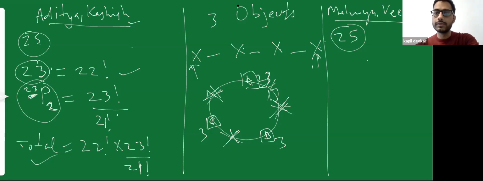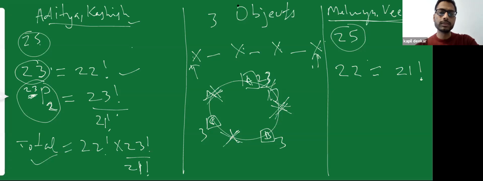Okay, let's see the solution. So how many people are there? 25, out of which I don't want 3 people to be together. So if I don't want 3 of them to be together, I'm going to forget about them. If I forget about Melvin, Veer and Om, how many remaining people are there? Remaining there will be 22 people. And in how many ways can I arrange 22 people? 22 people can be arranged in 21 factorial ways. But now we have to also find a place for Melvin, Veer and Om.